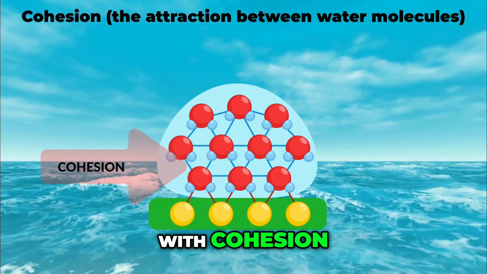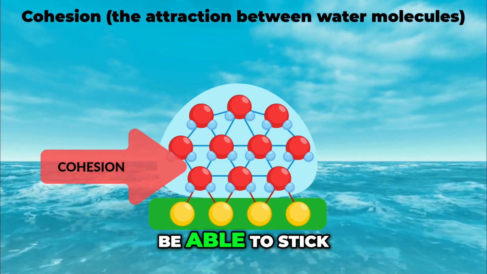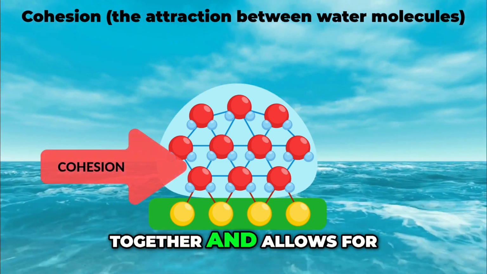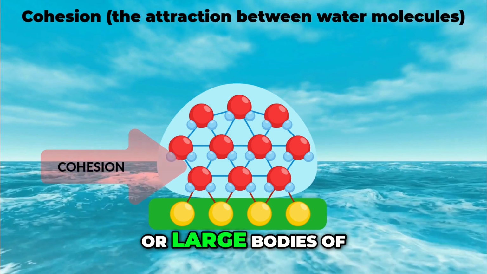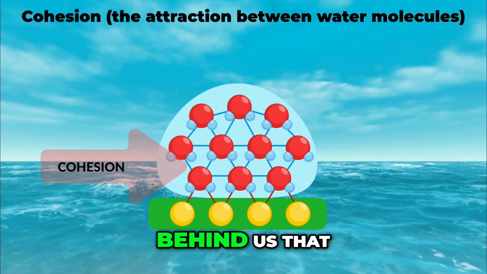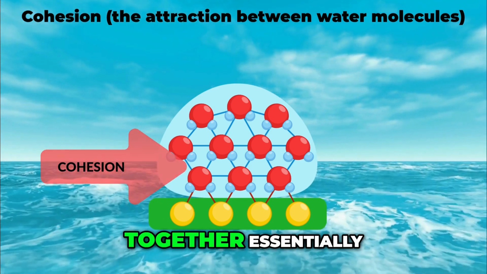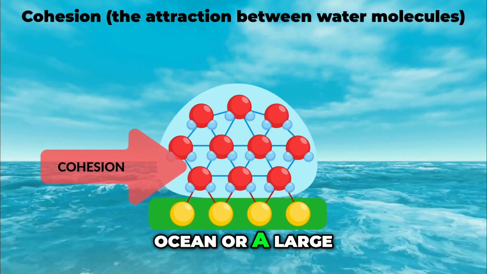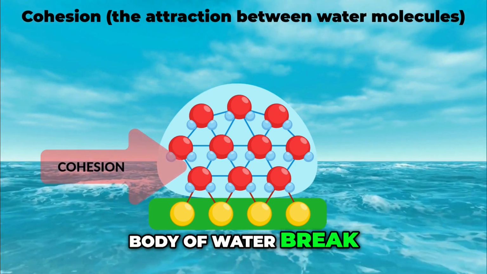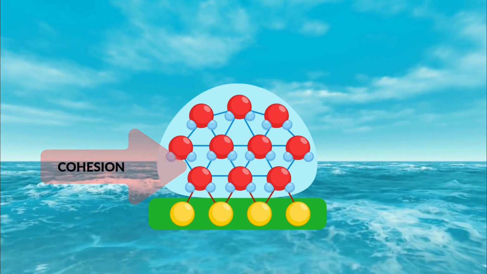With cohesion, water is able to stick together, which allows water droplets to form, or large bodies of water like the ocean behind us that are able to stick together essentially. You wouldn't see an ocean or a large body of water break apart as easily, and that's due to cohesion.